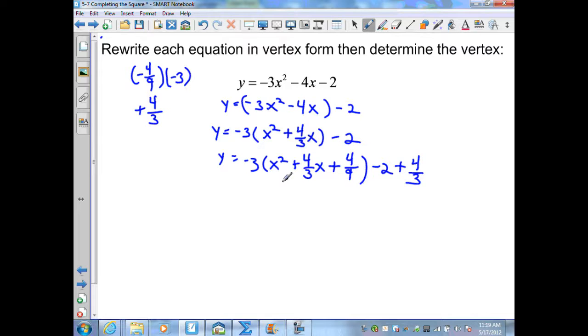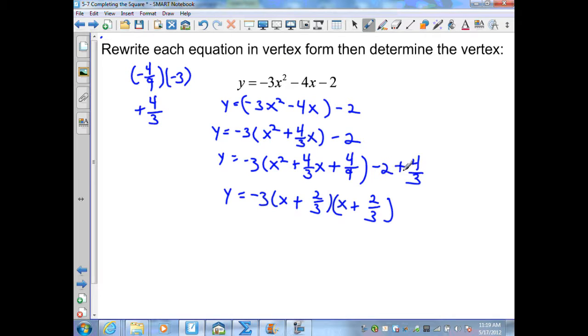Now I can factor my perfect trinomial. y equals a negative 3 times x and x. And this will break up into 2/3 and 2/3. And since this is positive, it'll be plus, plus. And when I simplify on the exterior, my common denominator is 3. 3 times 2 is 6/3.